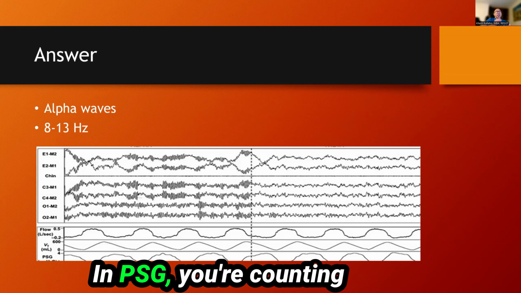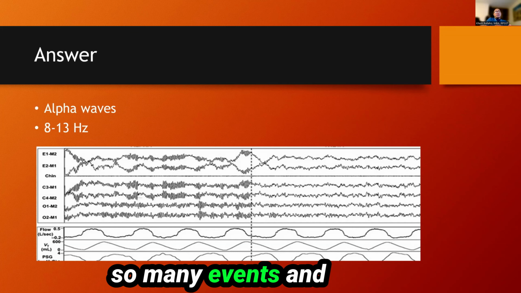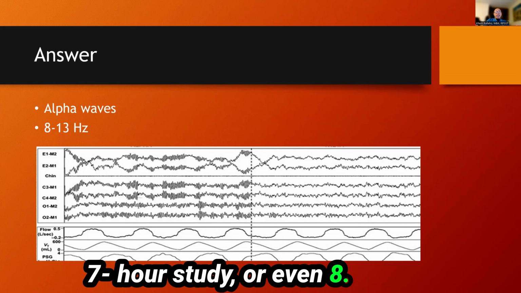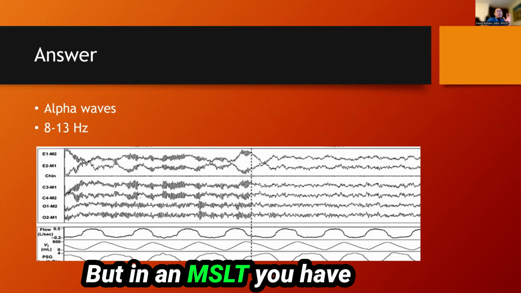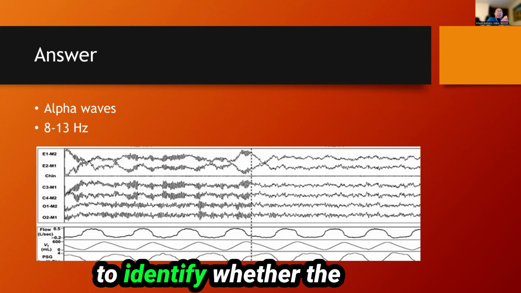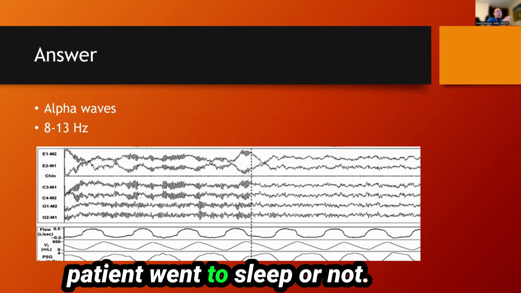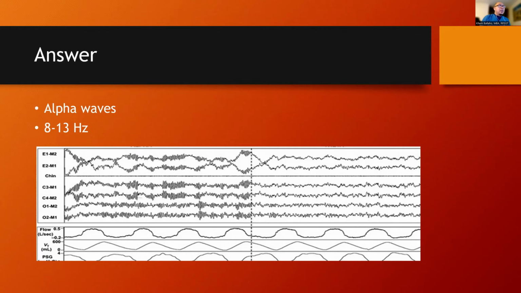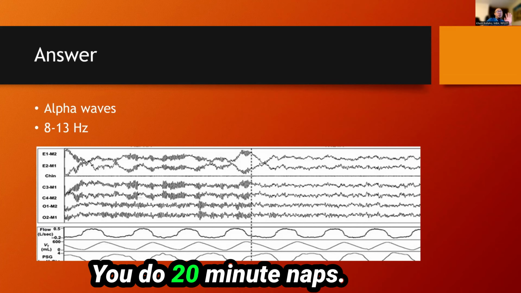In PSG, you're counting so many events and you're looking into a 6 to 7 hour study or even 8. But in an MSLT, you have a very brief opportunity to identify whether the patient went to sleep or not. You only have how many minutes? 20. Yes, correct. You do 20-minute naps.